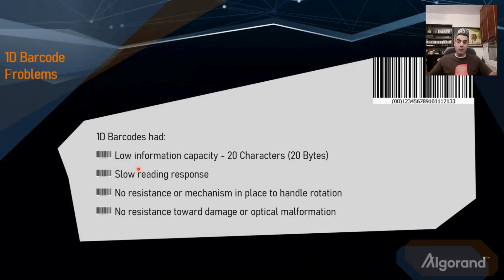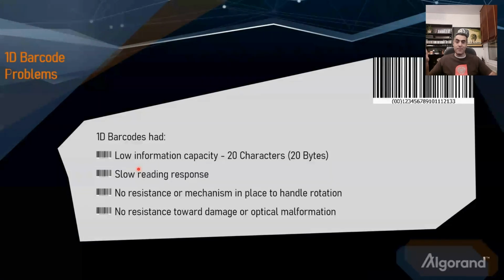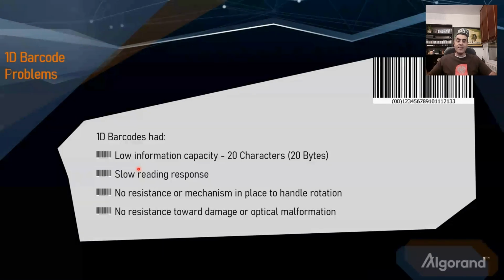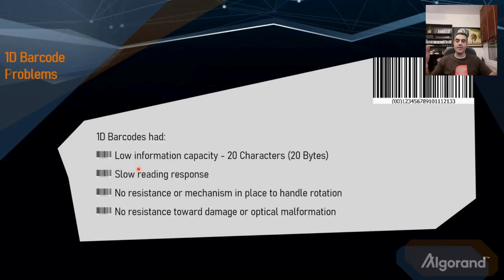The second problem, actually, this problem might be the biggest one from their perspective because they named it quick response code. The slow reading response, that actually makes sense because they were using it in manufacturing processes, industrial processes. And in industrial and manufacturing processes, especially in Japan, speed matters, because precision is default.